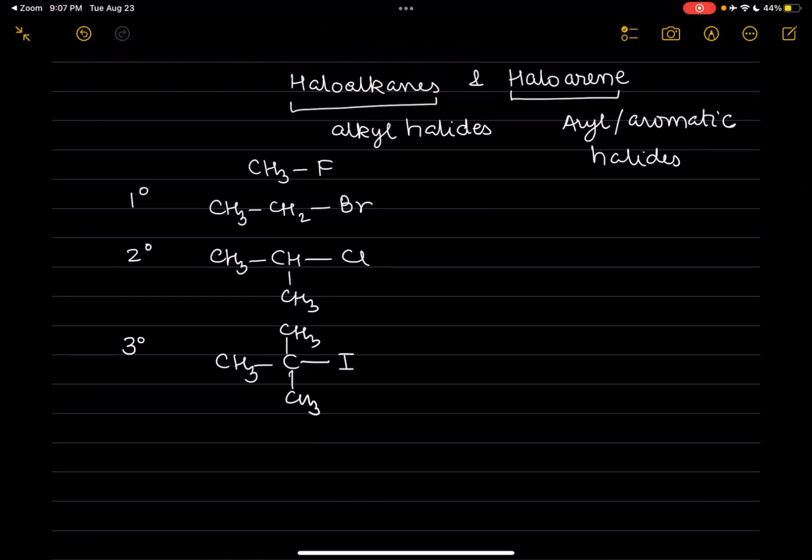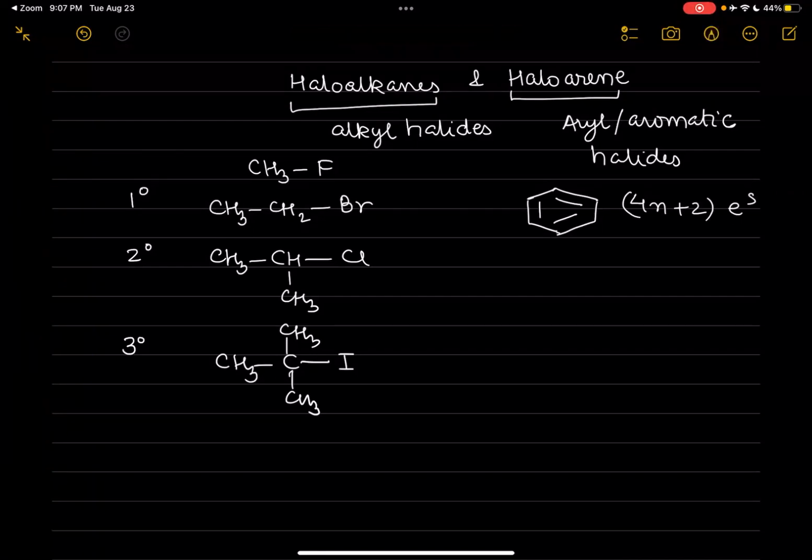And aromatic halides are, first you need to know what aromatic is. The most common aromatic ring is the benzene ring, right? Yes. Earlier the concept was that compounds which had aroma were called aromatic compounds. But actually the compounds which have cyclic resonance of electrons, in which the electrons are moving in a cyclic manner, 4n plus 2 electrons, are called aromatic compounds.